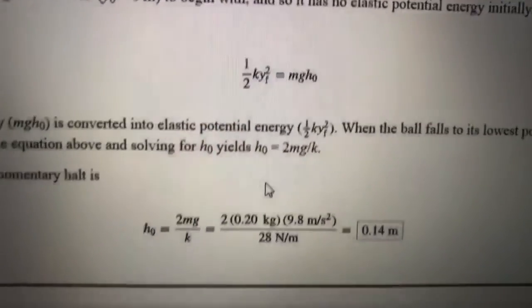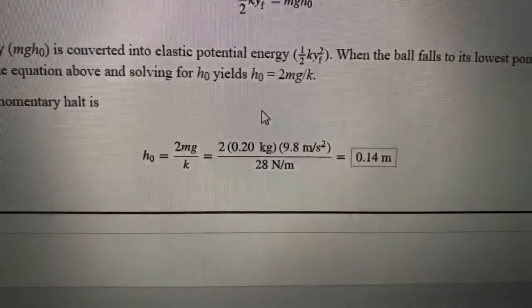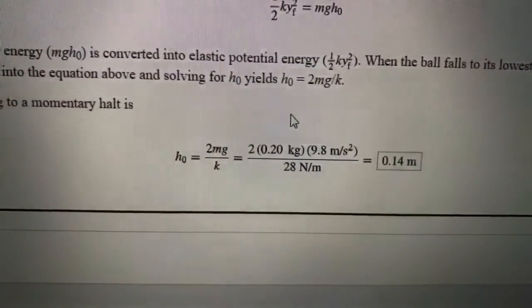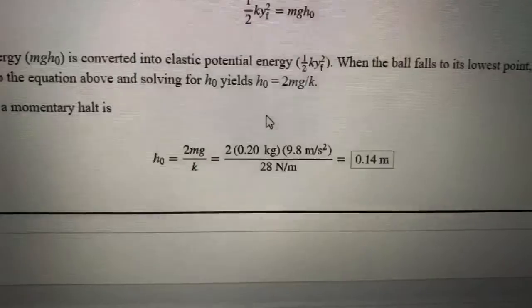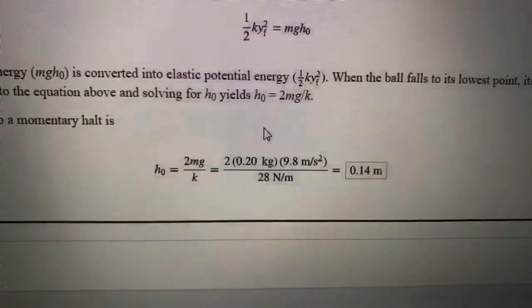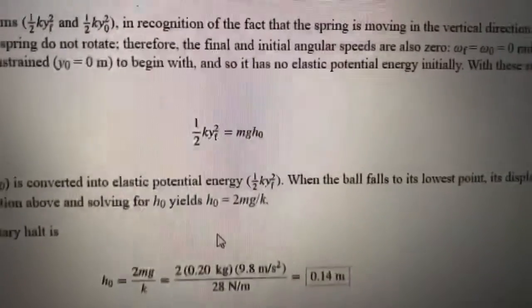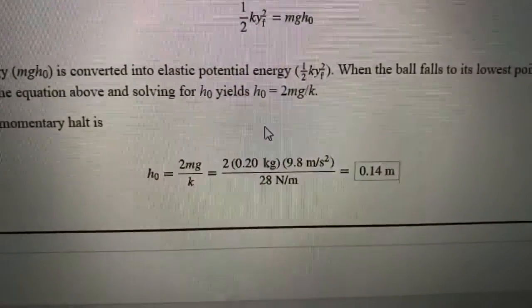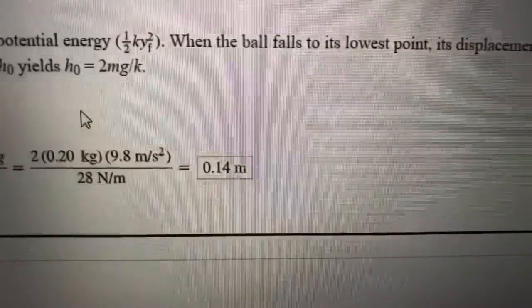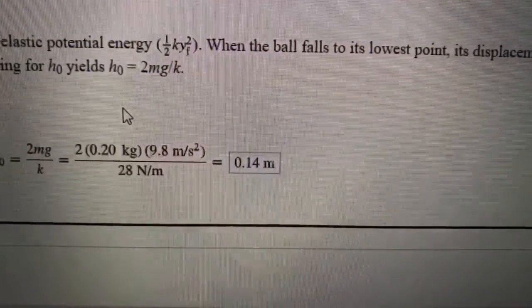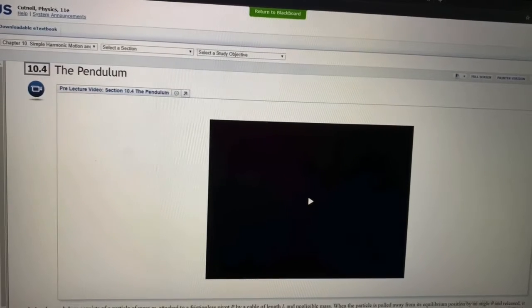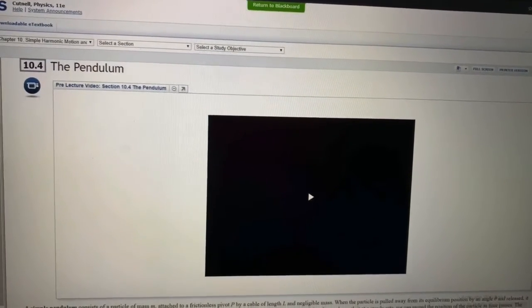So we would just derive, and this will be our final working: h0 = 2mg over k, which equals 2 multiplied by 0.20 kg multiplied by 9.8 meters per second squared, which is our g, over 28 newtons per meter, and it would give us the final answer of 0.14 meters.